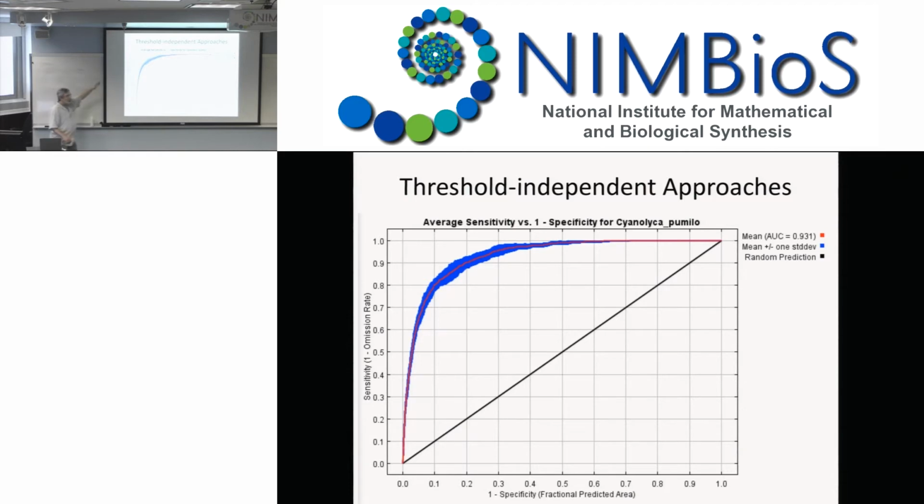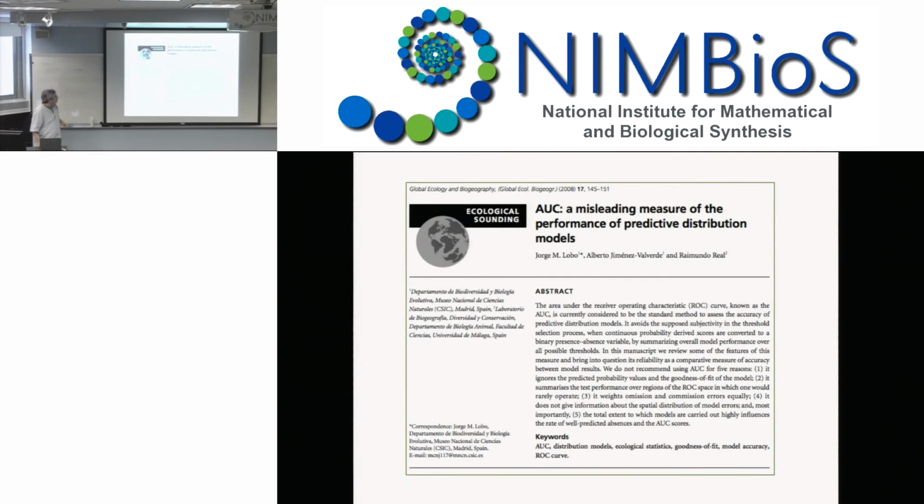Okay? And we can do some bootstrapping and such to get a variance around that curve and make sure that it is significantly elevated above this. But Mona already told you about why we shouldn't be using ROC. Okay, so I'm not going to. This paper by Jorge Lobo is worth reading, where they list 5 big problems with ROC.